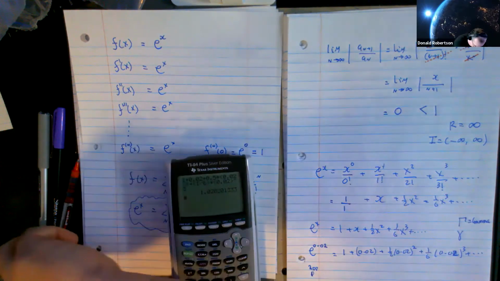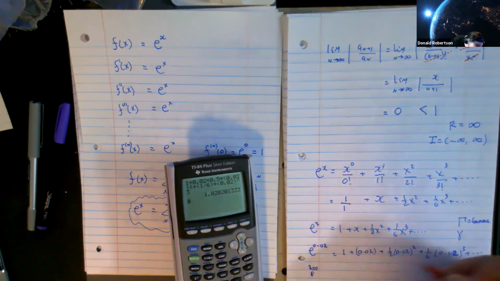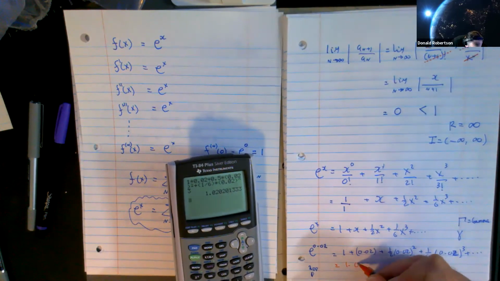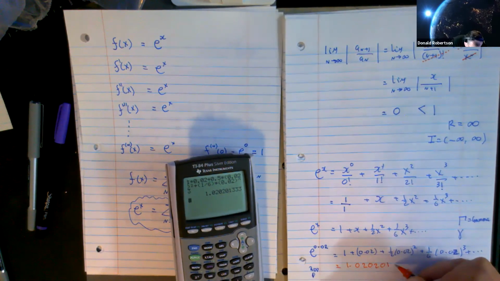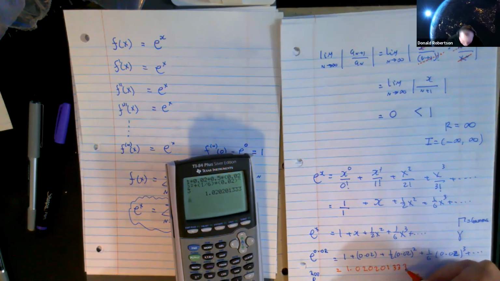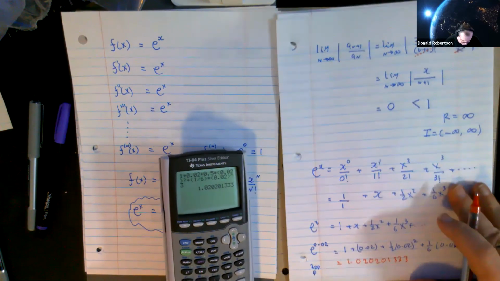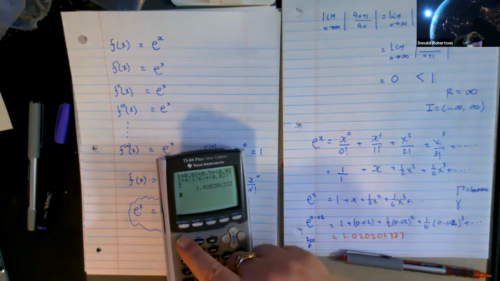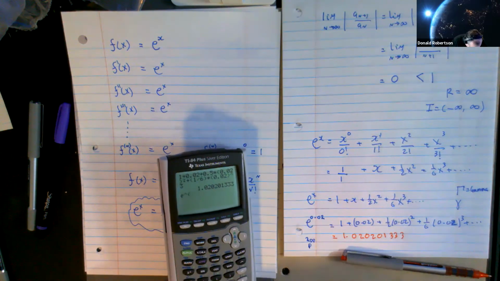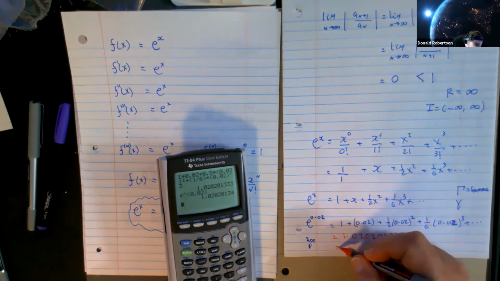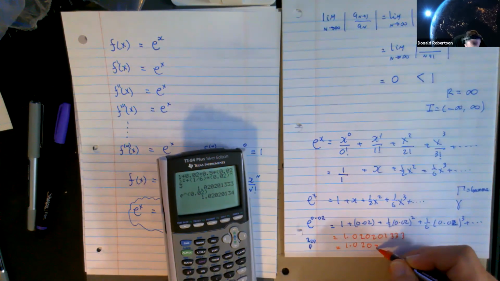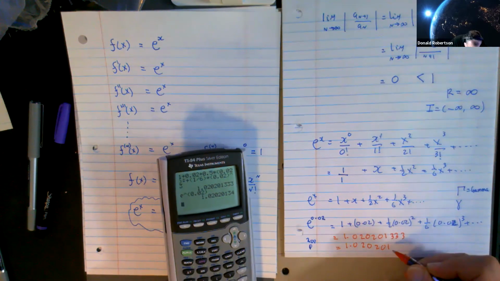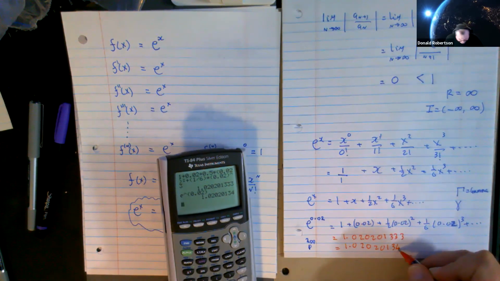And the answer that I have is 1.02020133. Okay. Now, e to the power of 0.02 is, I'll write it underneath, 1.02020134.